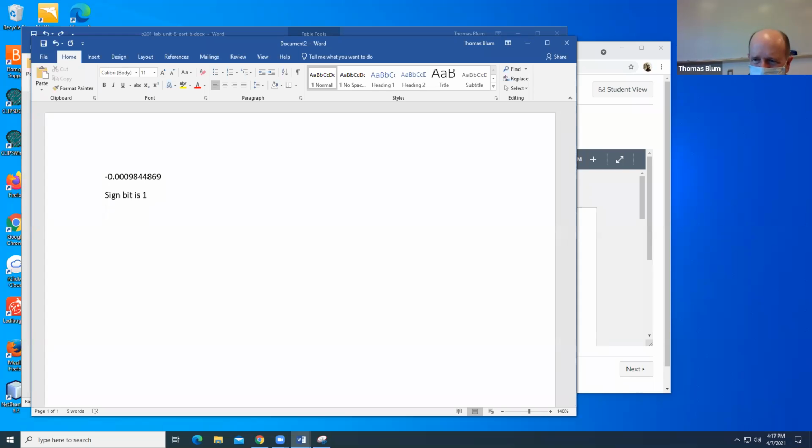On the test, if you're running out of time and I give you a floating point number with the sign bit, the mantissa, and the exponent, one part is as simple as: if the sign bit is 1, the number is negative. So get that point. That's easy to do.